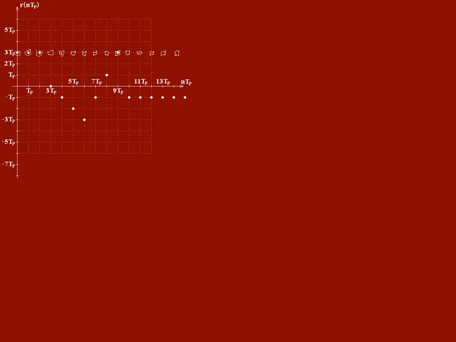We see that after time 3tp we need to add another half line, such that the sum of both of them is consistent with the function r of ntp. How much do we have to add to 3tp to get a total of 0tp? Minus 3tp. And how much do we have to add to 3tp to get minus tp? Minus 4tp. This is a half line, so the other points are obvious.